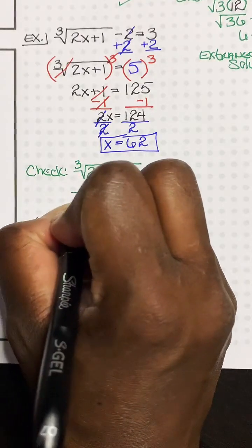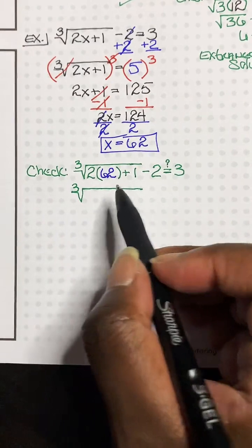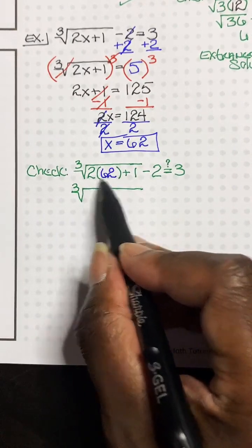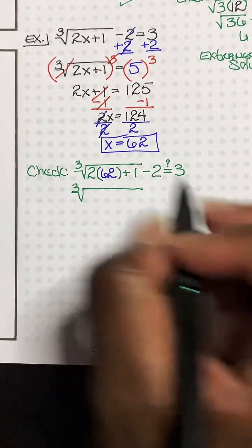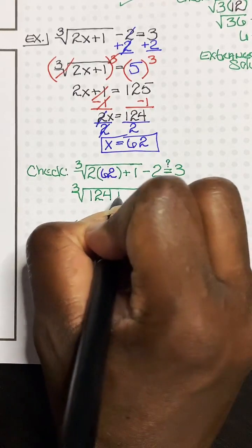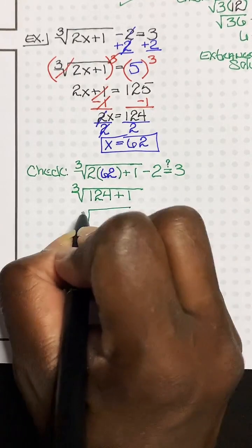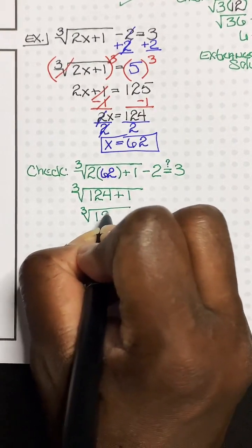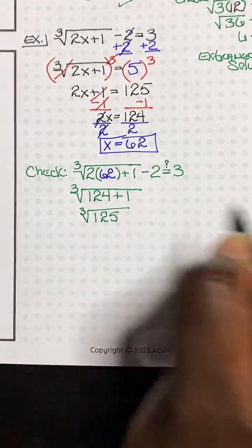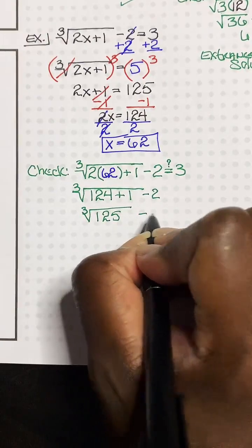So here's my cube root again. 2 times 62 gives us 124. 124 plus the 1 gives us the cube root of 125. And we're bringing down the minus 2.